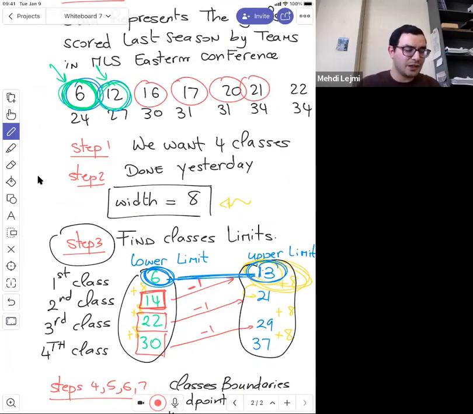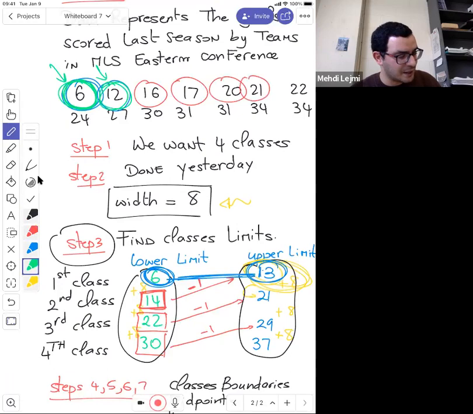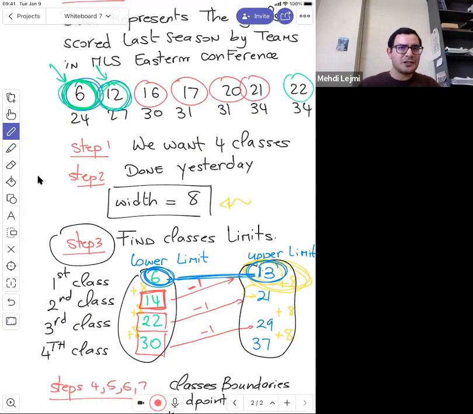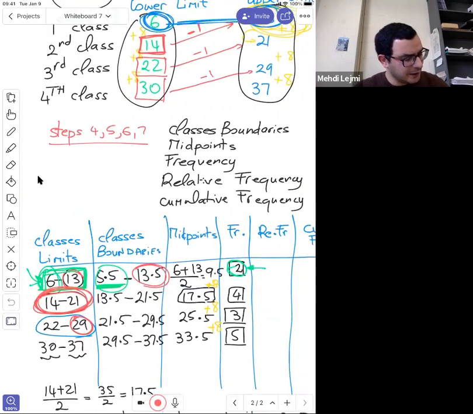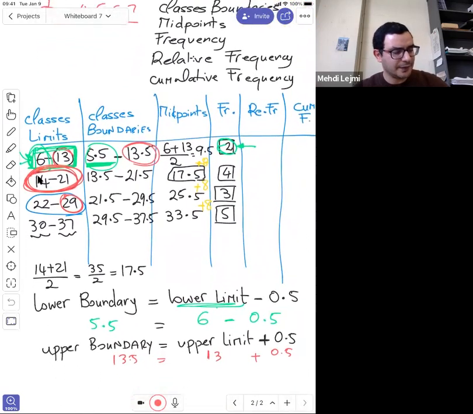So that's 4, which is why the frequency is 4 for the second class. Of course, the next number is 22, but 22 is not between 14 and 21. 22 is larger than 21, okay? So that's why the frequency of the second class is 4, and so on. Okay?